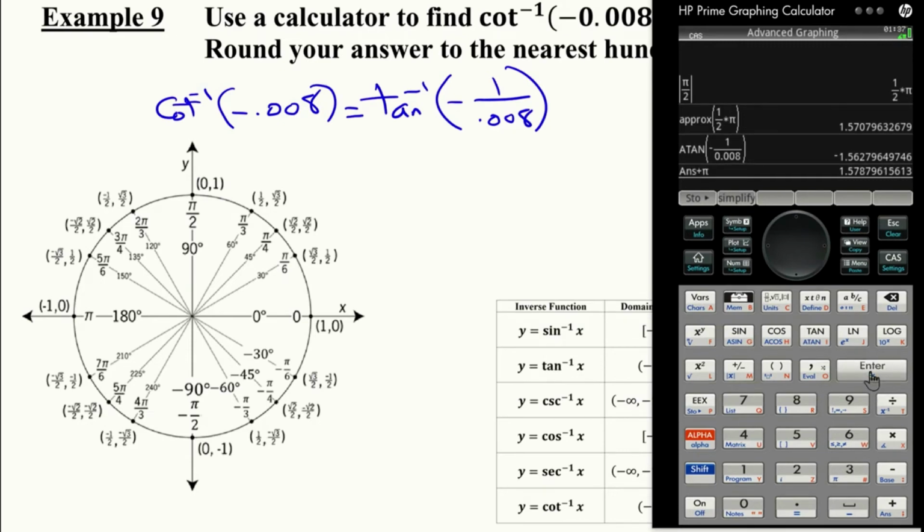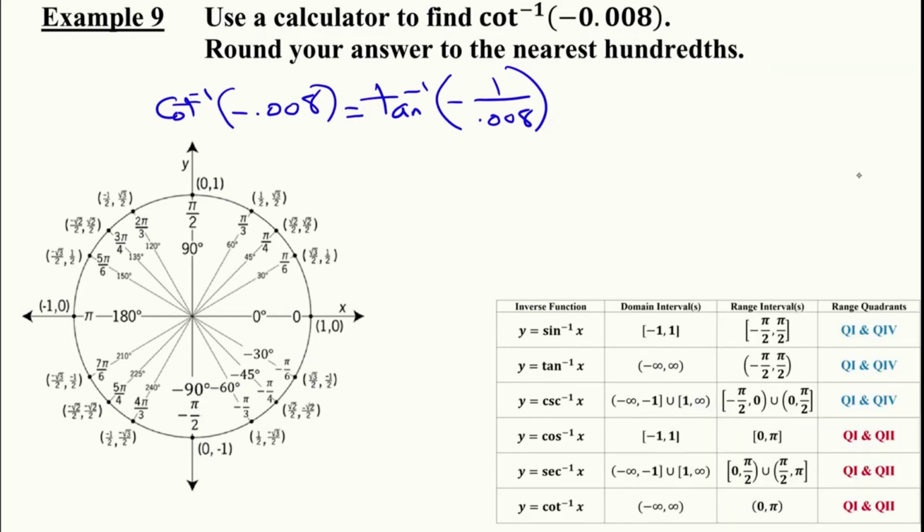and now you have your answer. So the correct answer is actually 1.58, since they want it to the nearest hundredth. Okay, so we say approximately 1.58. And of course, remember, this is the result for this.